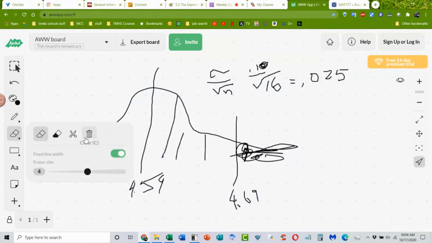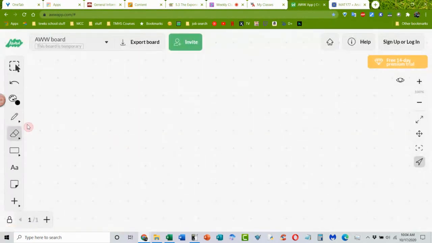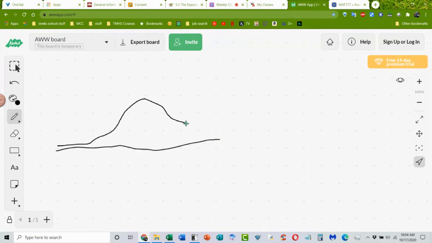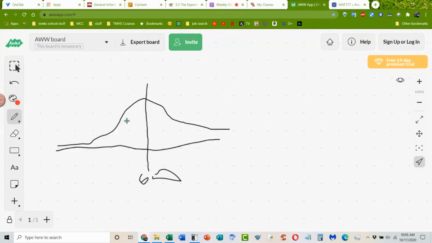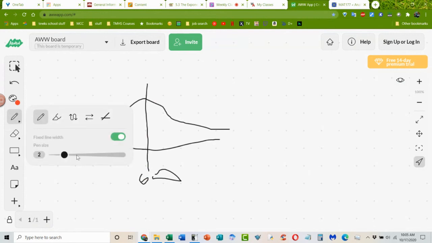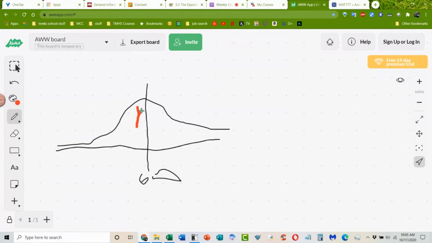So let's clear the page. We have a graph. The mean is 60, and this is normal. How much is on this side? The mean is 60.